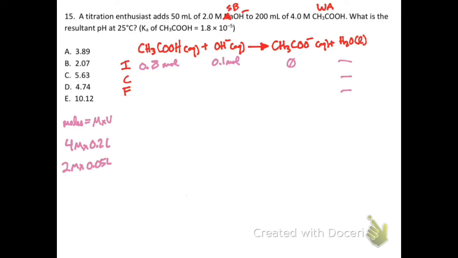Now, let's fill out our ICF table. Our limiting reagent is the hydroxide, so it's going to be minus 0.1, minus 0.1, and in products land, plus 0.1, to leave us with 0.7, 0, and 0.1. Wait a minute. Hold the phone.